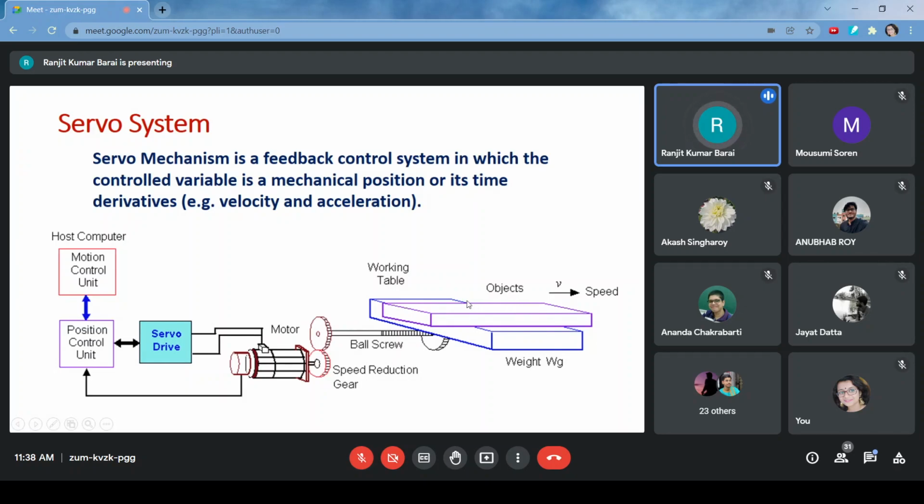Motion variables like velocity, acceleration, displacement are being controlled in a closed loop, and the position is being sensed. A good example is a CNC machine, where computer control is performed. Computer numerical control, CNC.